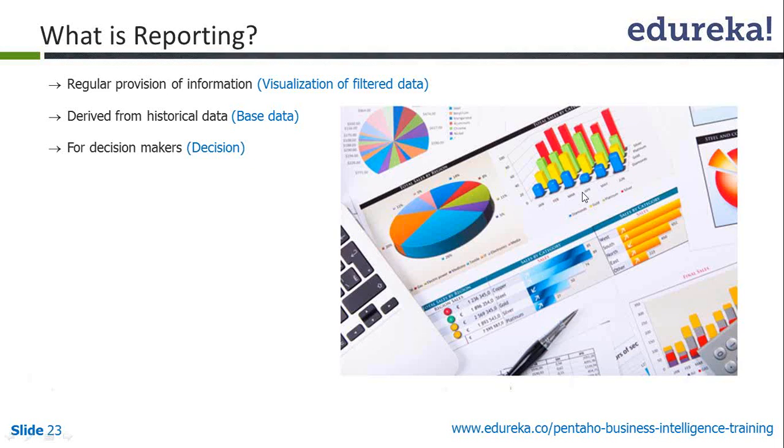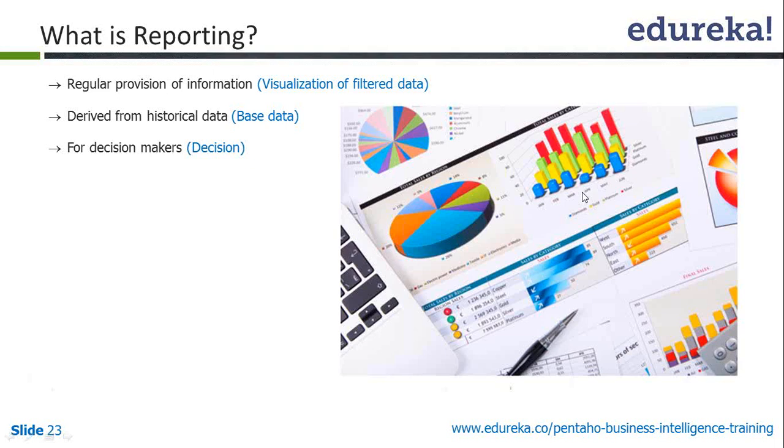So what is reporting? In Pentaho, reporting is basically showing your transformed data in a form understandable to business users. So it's regular provision of information. You can have your regular data available so that they can filter it in any form and derive from historical data.